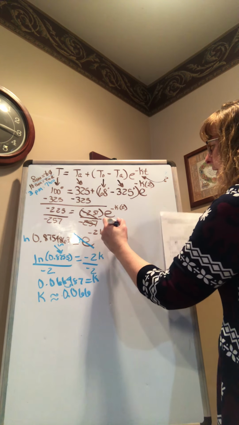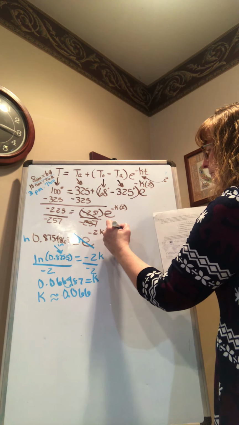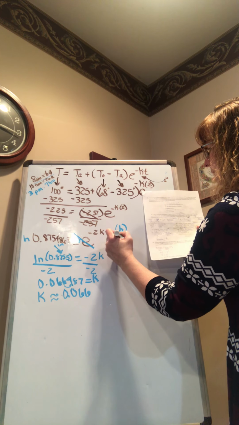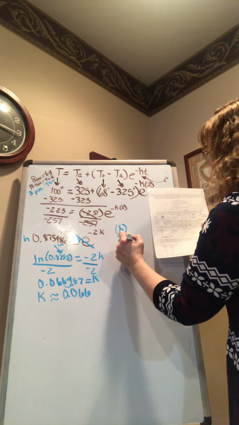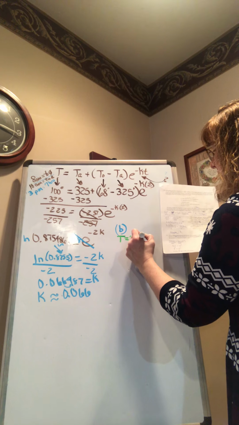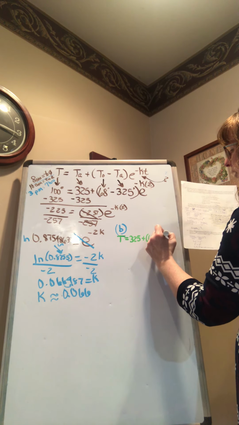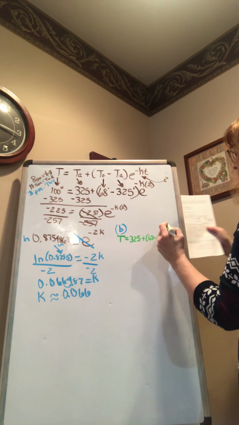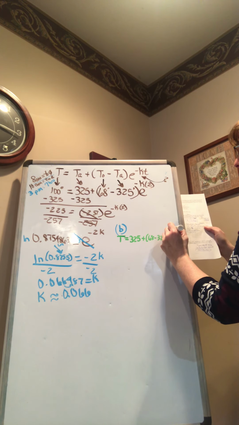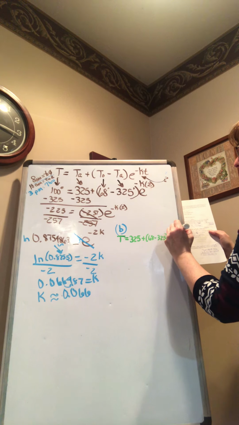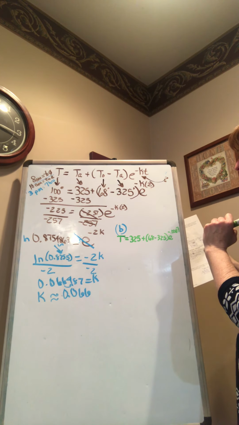So now part B, which I'll do in a different color so that when you're looking at it, hopefully it'll be clear. So now what I have is the temperature. The surrounding was 325. And then I have my 68 minus my 325, e, and I have -0.006 times 7.